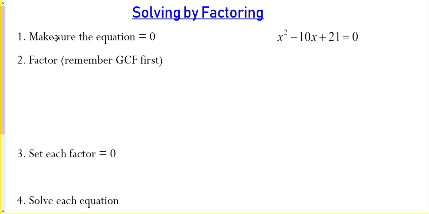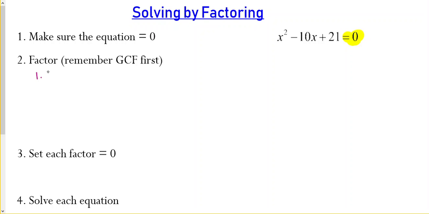The first step is we need to make sure that the equation equals 0. And in this case, it does. So we are good there. Next, we need to go to step 2, which is to factor. And remember, our GCF needs to come first. This is when we talk about our 4 steps.